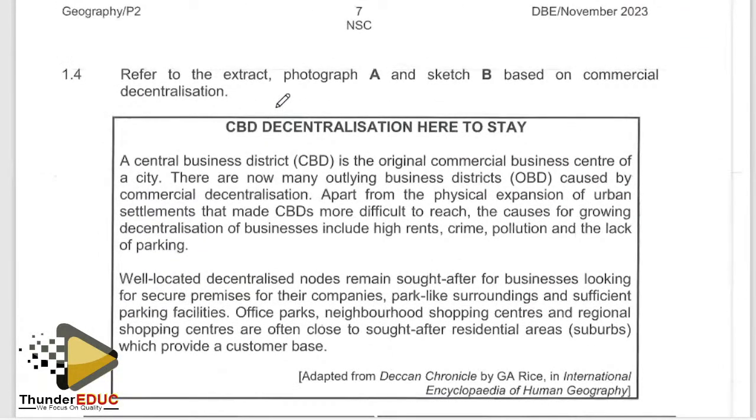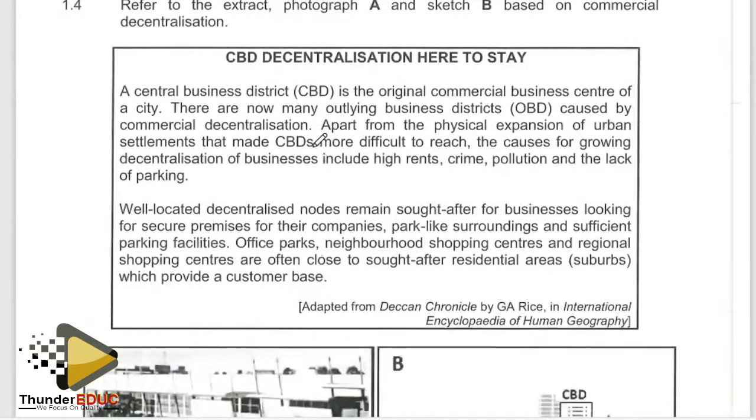We go to 1.4. Refer to the extract A and the sketch B based on the commercial decentralization. CBD decentralization here to stay. The Central Business District CBD is the original commercial business center of the city. There are now many outlying business districts OBD caused by the commercial decentralization. Apart from the physical expansion of the urban settlements that made CBD more difficult to reach, the causes for growing decentralization of the businesses include high rents, crimes, population, and the lack of parking.